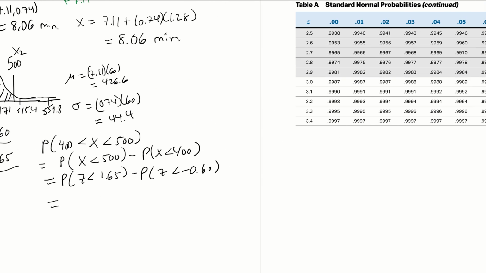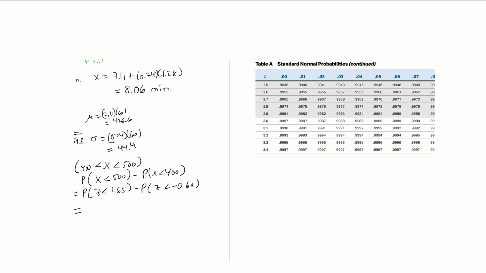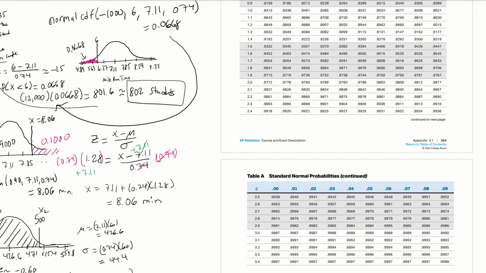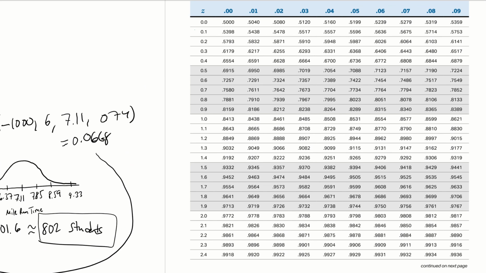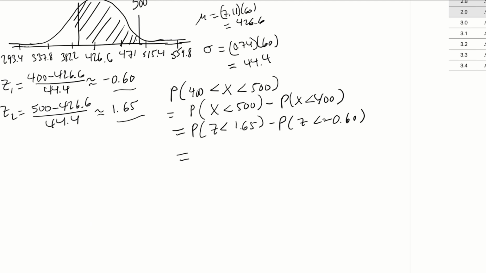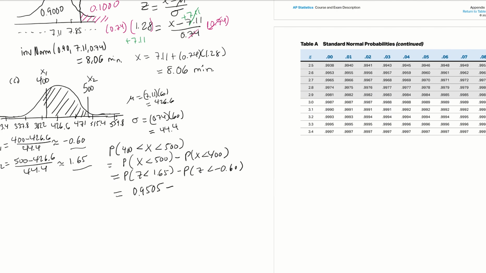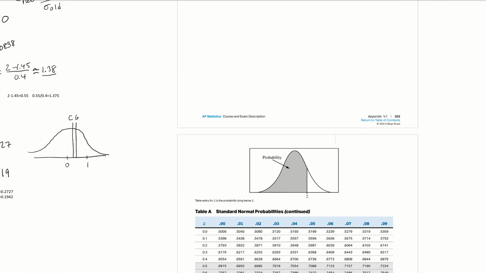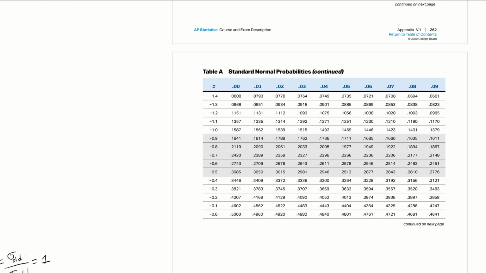So let's look up the z-score 1.65. It's 0.9505. Okay, now we go back. We've got z less than negative 0.60, so we go to the negative side.